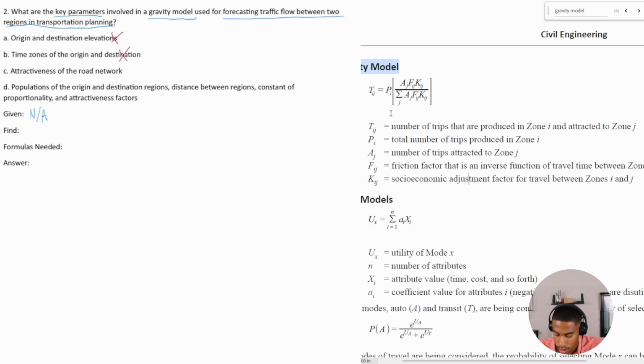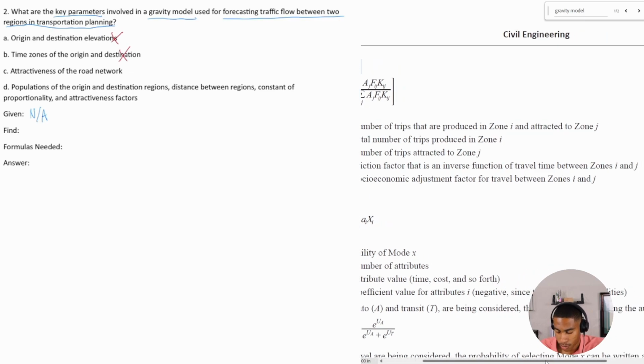Populations of the origin and destination regions. I think definitely the destination and the origin is very important. The distance between the regions, I don't see that in this formula. The constant of proportionality, there are a few constants in this, including the socioeconomic adjustment factor and the friction factors of travel time between the zones.